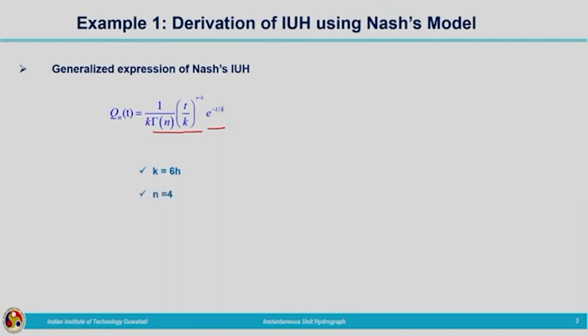We can substitute these in the generalized expression: 1 divided by 6 gamma 4, t by 6 to the power of n minus 1, that is 3, e to the power of minus t by 6.